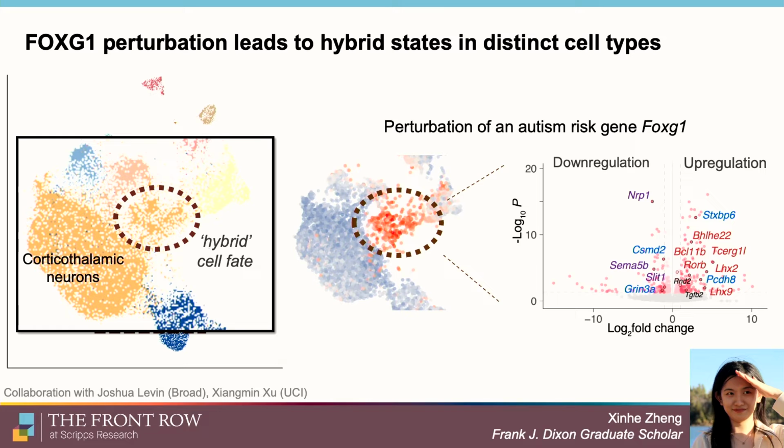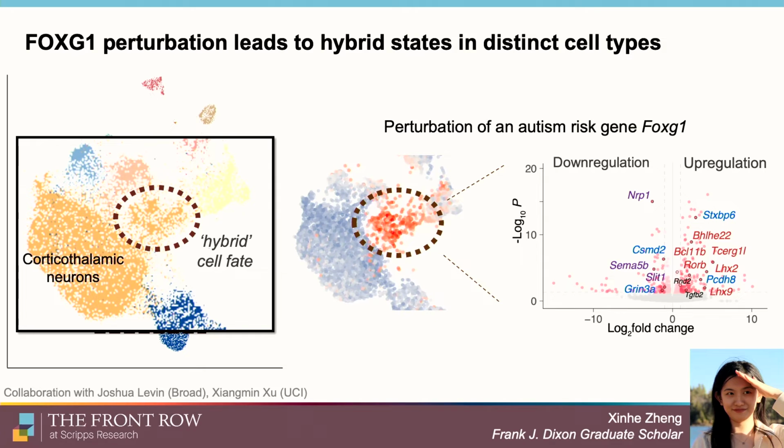And it's interesting to think about normally this gene, when it's present in the cell, its job is to actively repress these alternative choices that would make the cells become someone else. But when this gene is lost and loss of function is happening, these alternative cell fates start to drift in, and these cell populations start to acquire hybrid states.